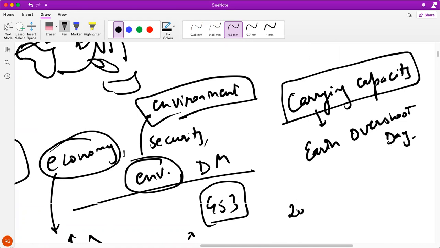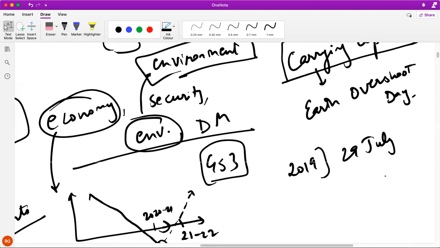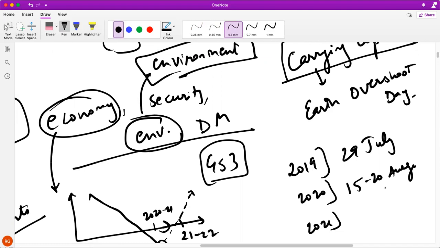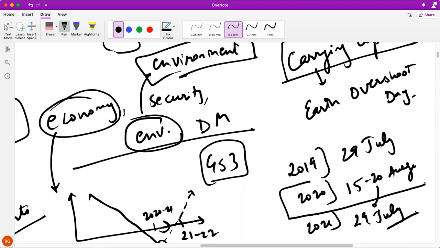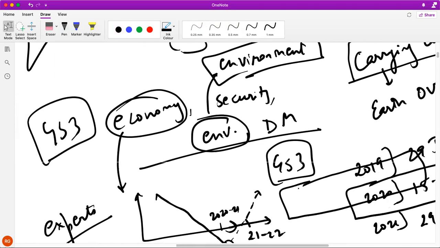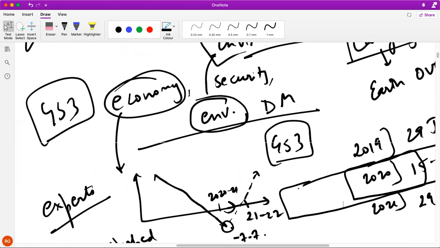In 2019, Earth Overshoot Day was around 29 July. Then in 2020, because of COVID, it switched to around 15 to 20 August. And in 2021, when the economy revived and human activities increased, it was pushed back to 29 July. So you see how COVID has led to a positive environmental impact. So this is another scenario.